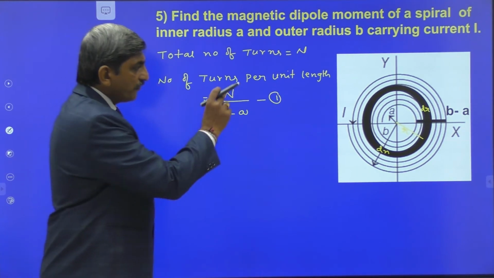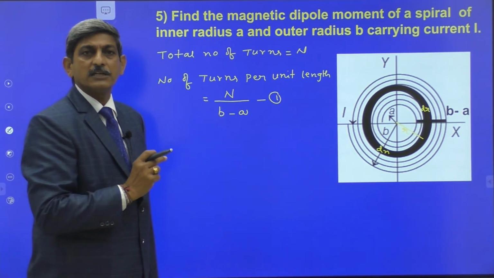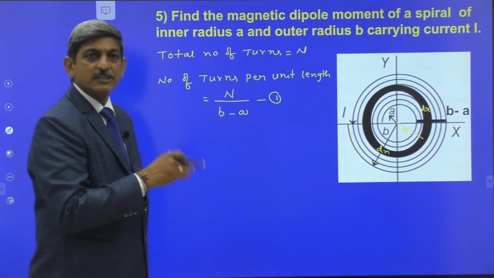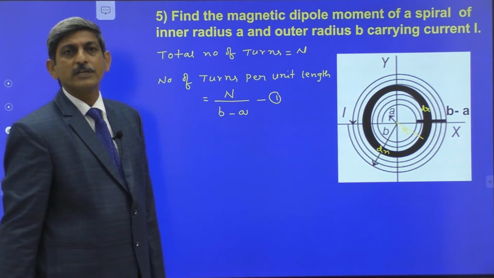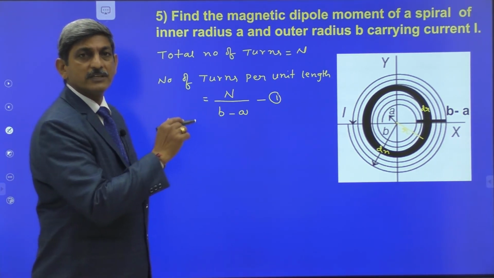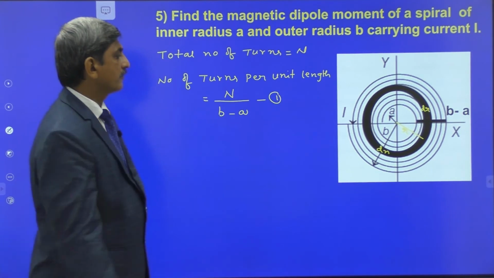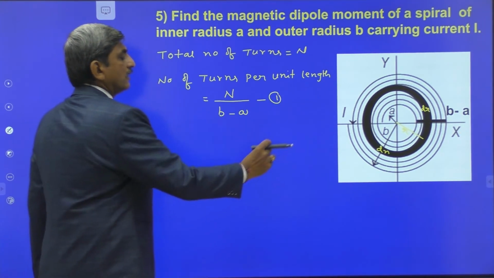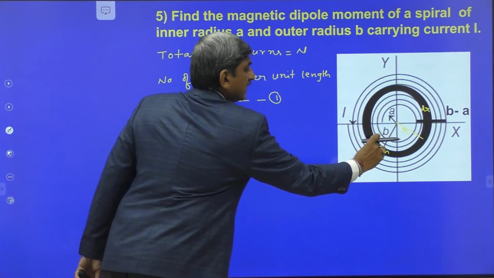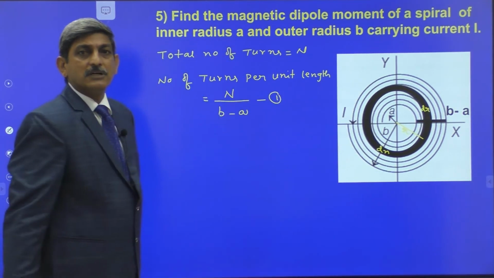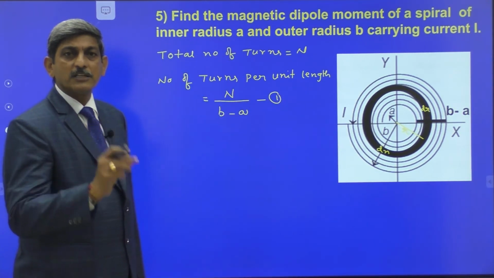First of all, for that coil I am going to determine the dipole moment value. After that, by using the concept of integration, I am going to calculate the dipole moment of the entire spiral shaped coil. Now what is this dn value? How many turns are there in the smaller thickness?